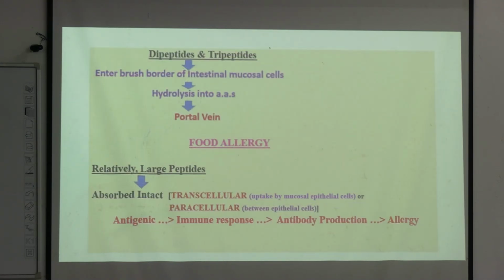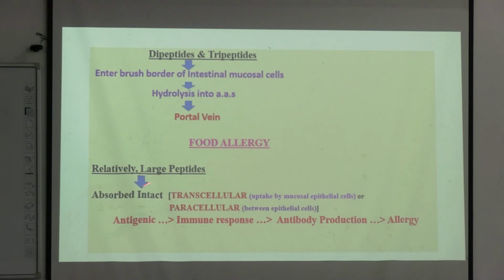So, dipeptides and tripeptides are formed, they are hydrolyzed by the intestinal cell, I have told you repeatedly, and some peptides are absorbed paracellularly, and then they cause food allergy. Normally, protein food like fish, meat can cause food allergy.